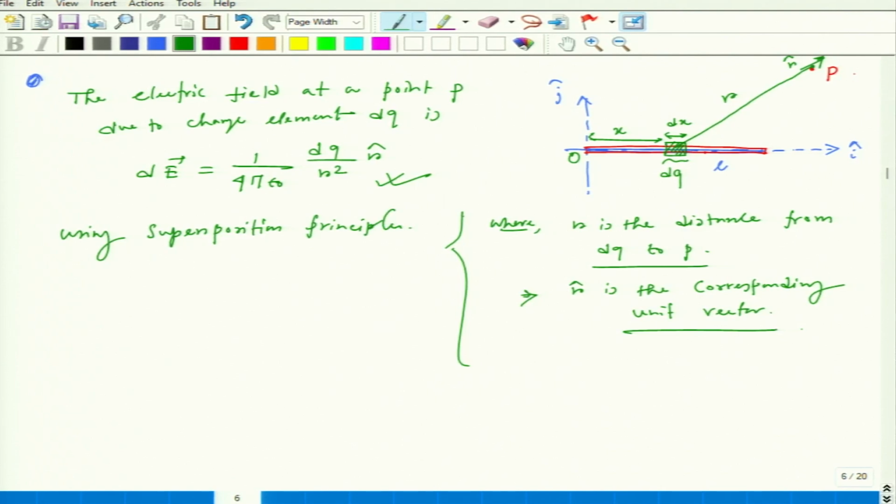Using the superposition principle, the net electric field E is the vector sum of all these infinitesimal contributions from each small element dq.